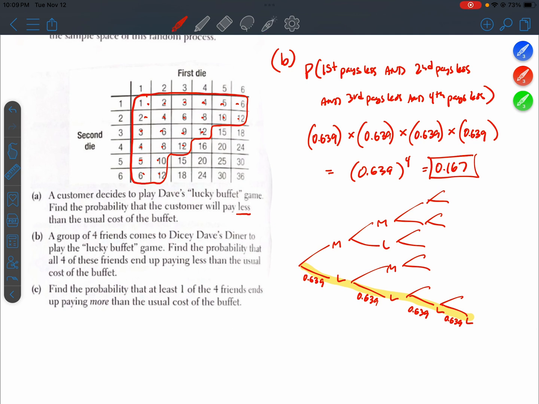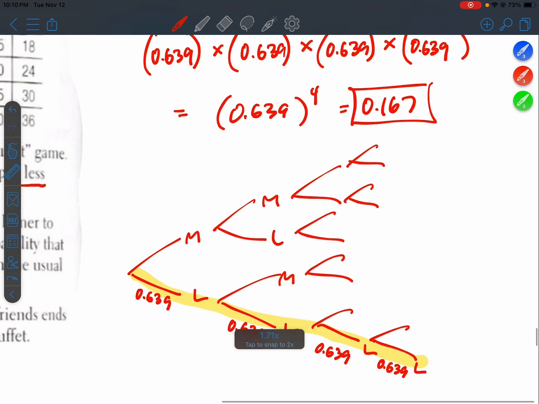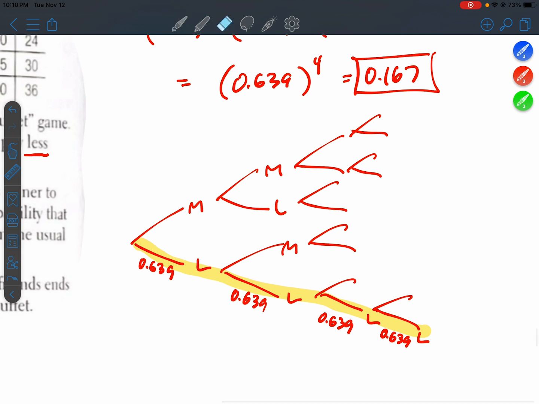All right, part C. Find the probability that at least one of the four friends ends up paying more than the usual cost. Okay, let's go back in here.